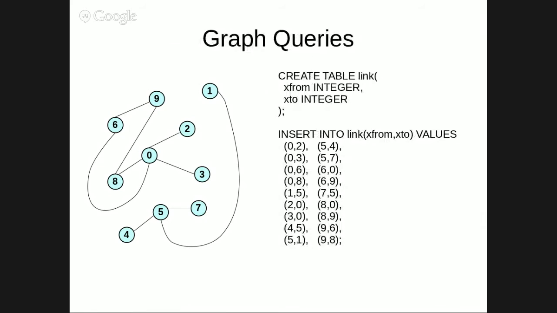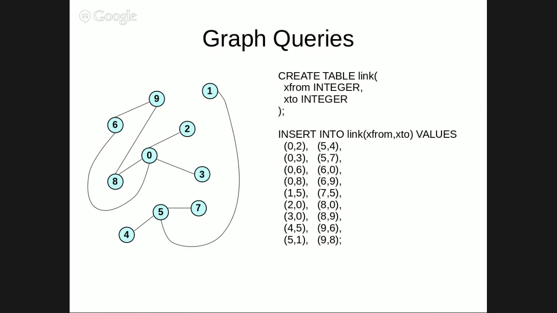We've got the fields I call x from and x2, because from and to are keywords in SQL, and that would cause problems, and I'd have to escape them if I just used them there. So for example, we've got an arc that goes from node 0 to node 2, which is right here, and I've also got an arc that goes from node 2 to node 0.